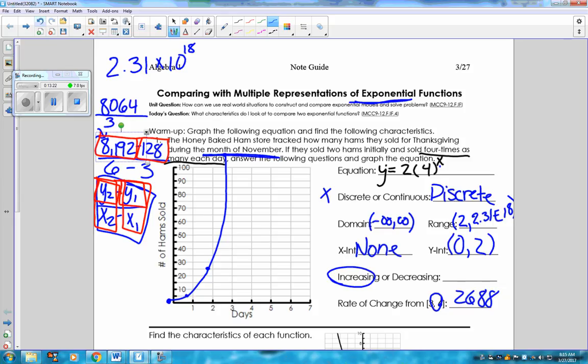So what should my domain really be? No, because domain are our x values. So what's our smallest x value? What's our largest x value? Sorry, I have 31 on the brain, because that's what y'all had told me originally.